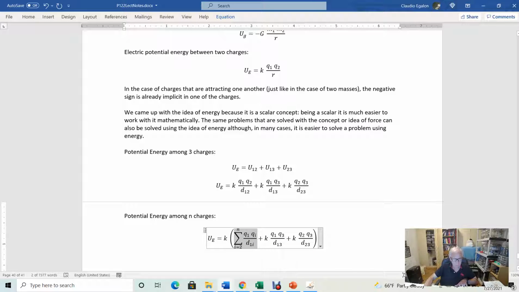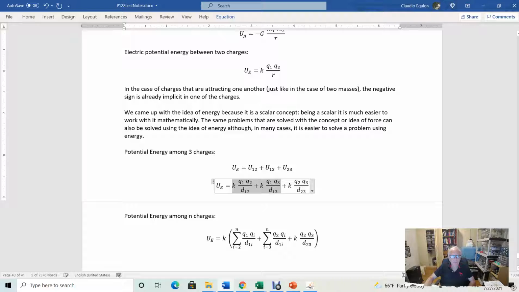Next, we have to do it for Q2 and the other possible combinations. But then we have to start at i equal to 3. Just like what happened here, see that? You start with Q1, which is combined with 2 and 3. Then you start with Q2, and Q2 is combined with the remaining charge, that's 3.